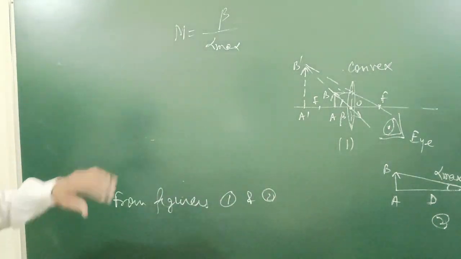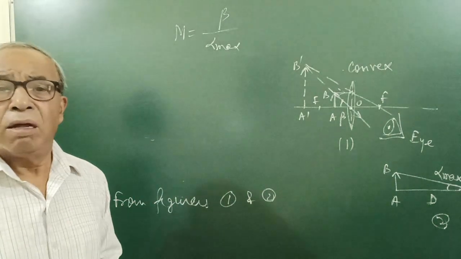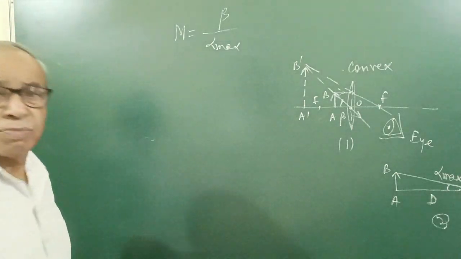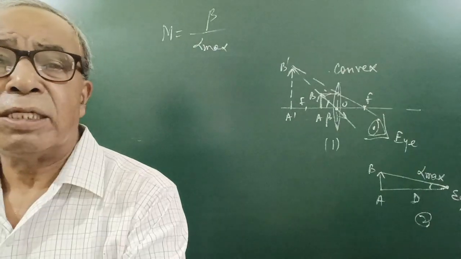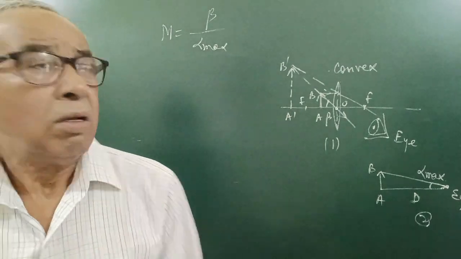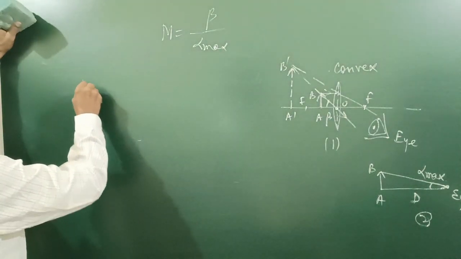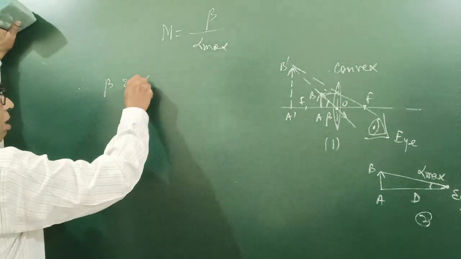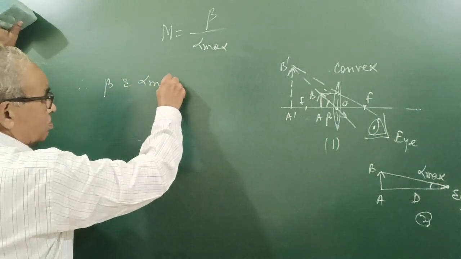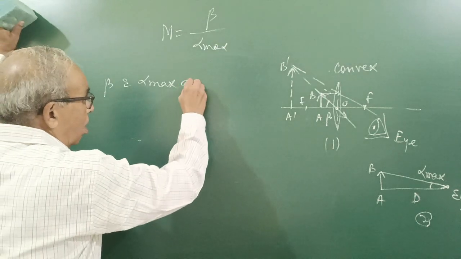We can't go shorter than this explanation. We have to understand this the same way. Beta and alpha maximum are small angles.